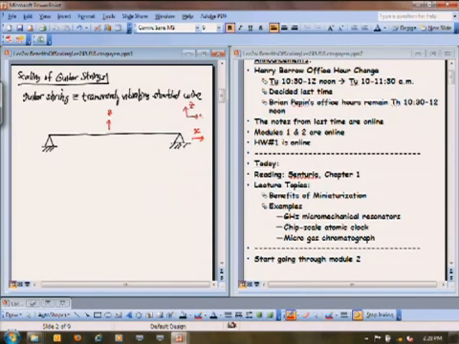At 0, and this is x equals L. So z at x equals 0 is equal to 0.